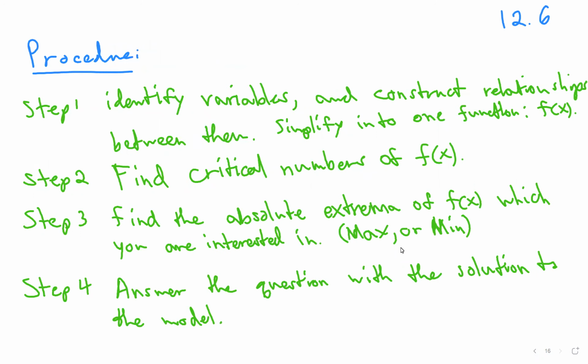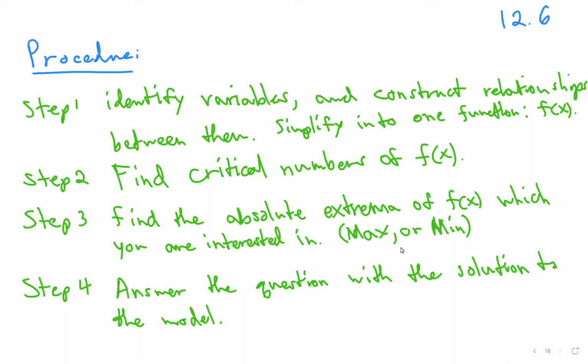And so let's go over the procedure for an optimization problem. The first step is to identify what variables you have. So trying to figure out how much of something there could be in a potential case, or trying to figure out how fast something moves or how fast you can change one resource into another. That's all part of the identifying variables process.